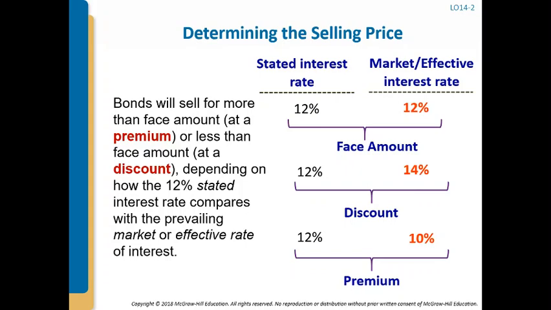Especially the case when the stated rate on the bond is less than the market rate. And so when you have that situation, you have to what they call discount the price of the bond to make the returns on the bond desirable to potential investors.